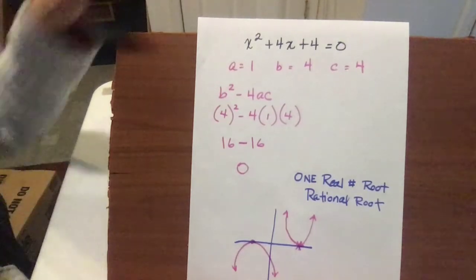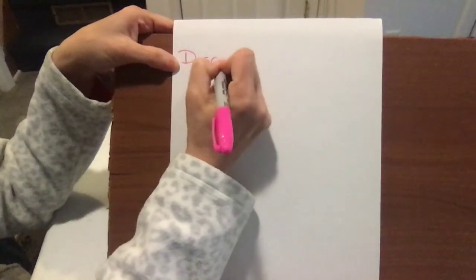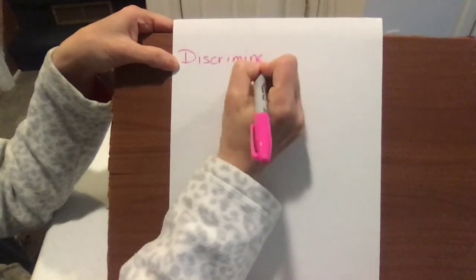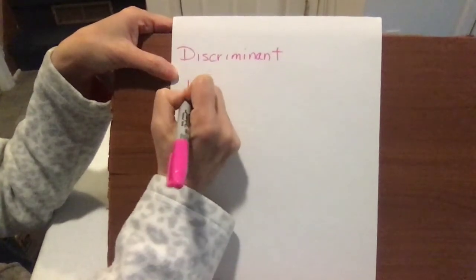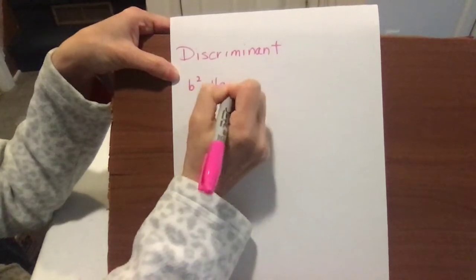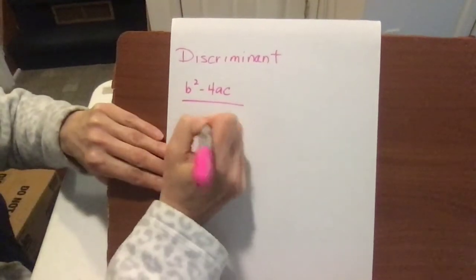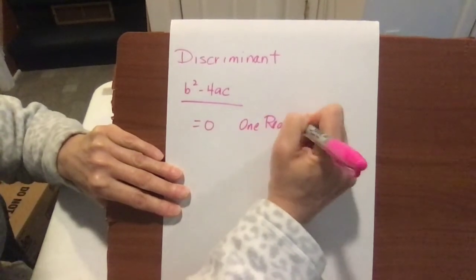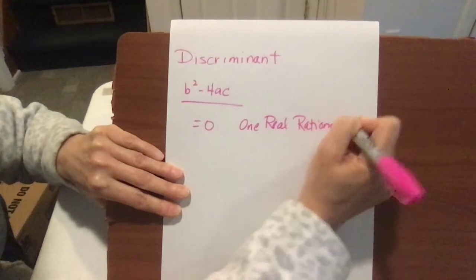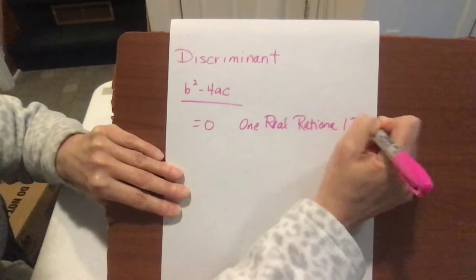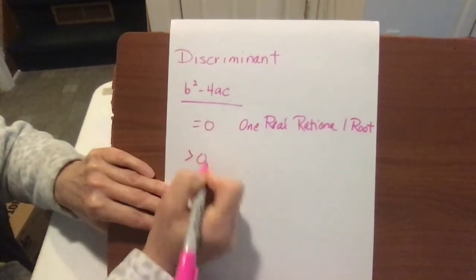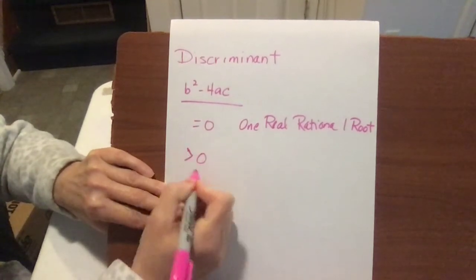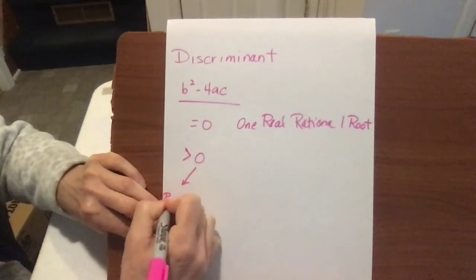All right, so just to recap, okay? When your discriminant equals 0, you have one real rational root. When it's greater than 0, you could have two answers possible here. One is a perfect square.